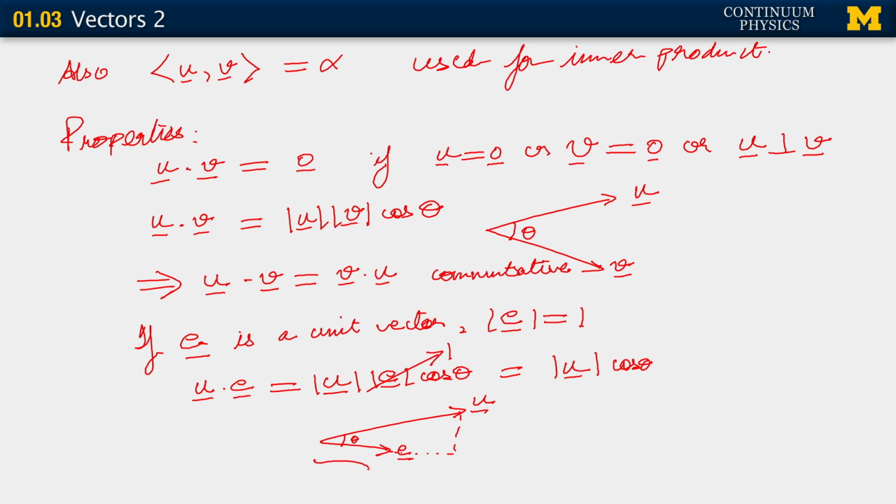So we say this is u dot E. Okay? And I will write this here as saying u dot E is the magnitude of u along E. Okay, we're going to stop here.